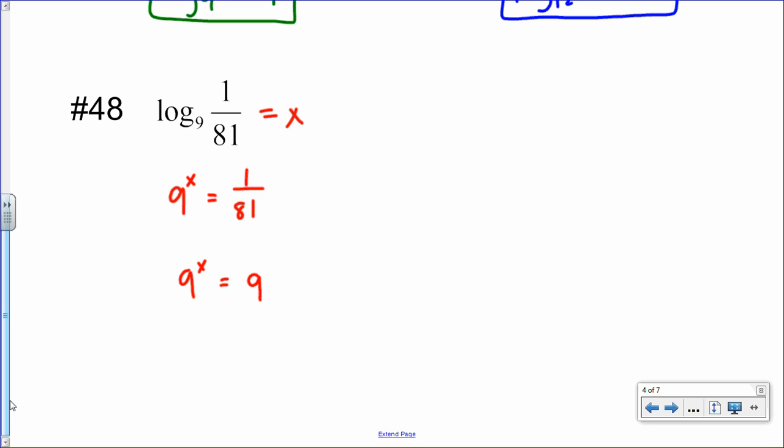I need these to be the same value. So how can I write 9 as one? What exponent could I put here? So it's negative because it's 1 over, and 9 to what power gives me 81? Good. So negative 2. So therefore, x is negative 2. So log base 9 of 1 over 81 equals negative 2.